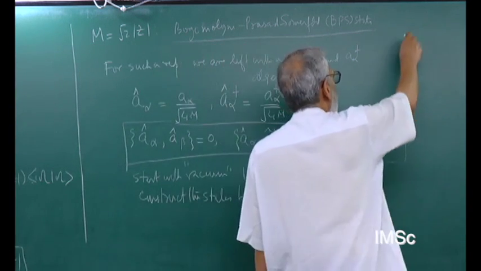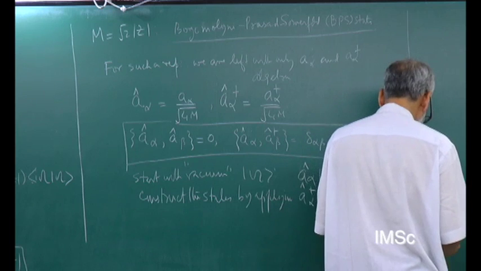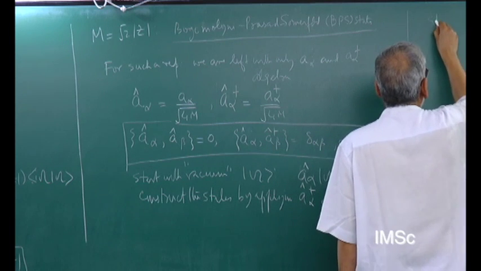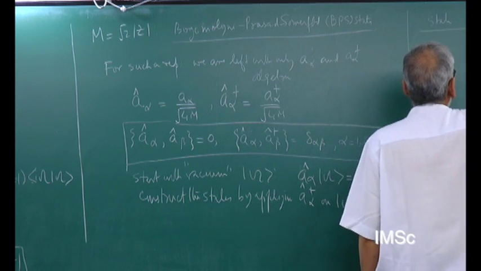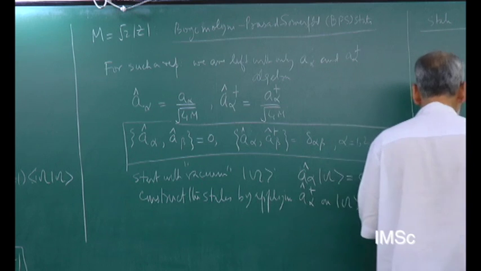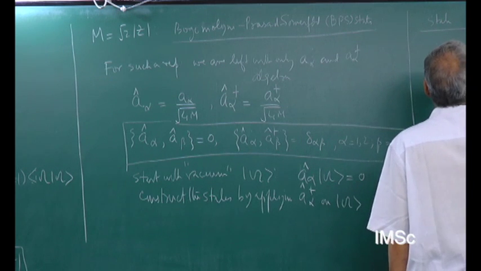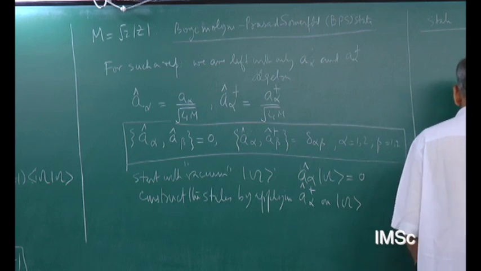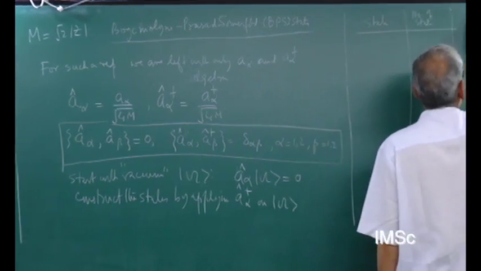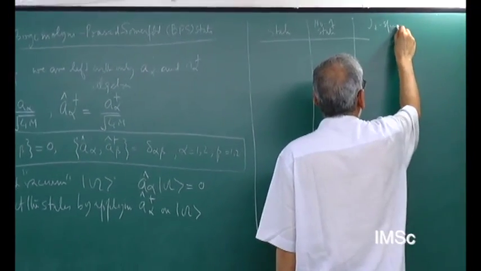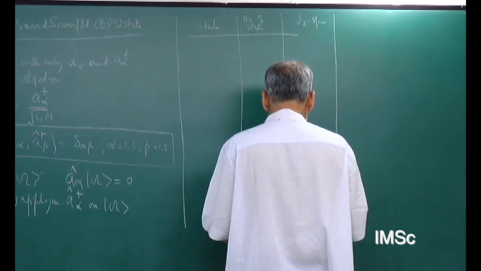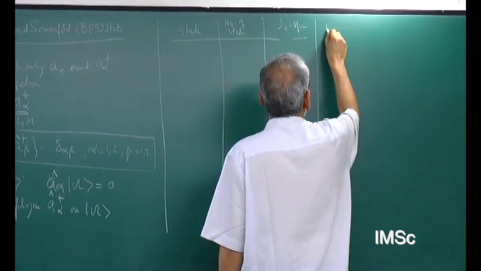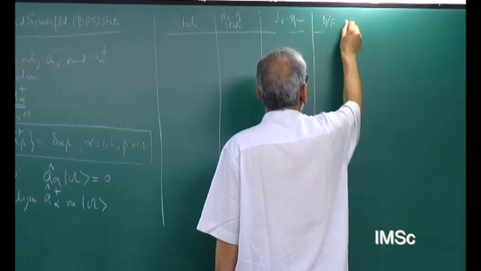So, let me write a table for the states now. Start with the state, degeneracy, number of states, Jz spin, and whether bosonic or fermionic.